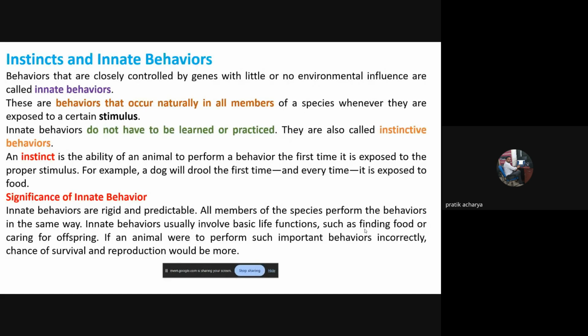For survival, organism has to perform this kind of behavior. Not only human beings, all other mammals also start suckling from mother's breast, the milk, for their survival. Otherwise, they are unable to survive. So these are behaviors that occur naturally.